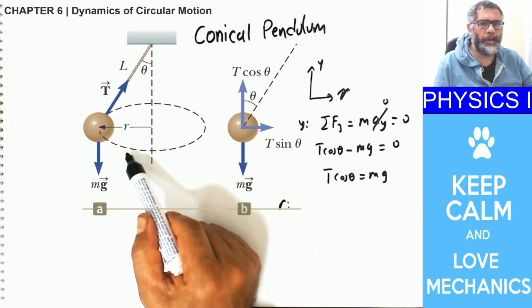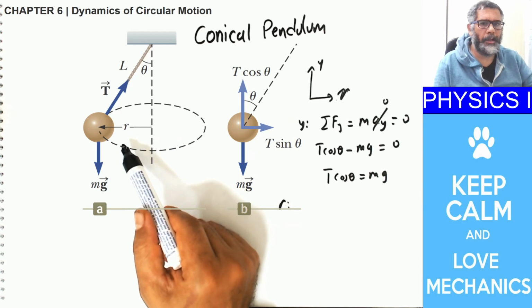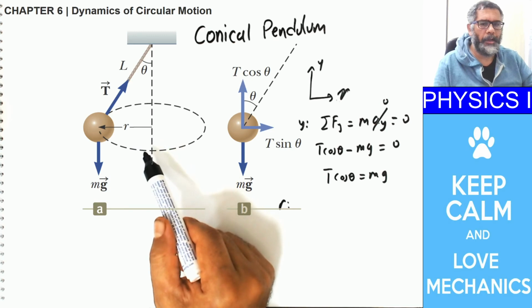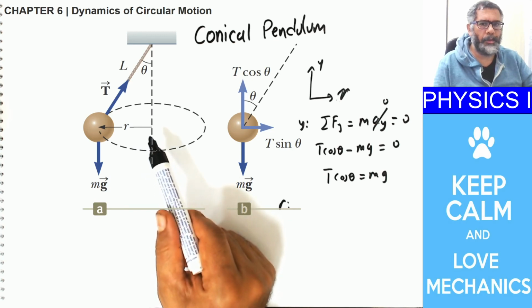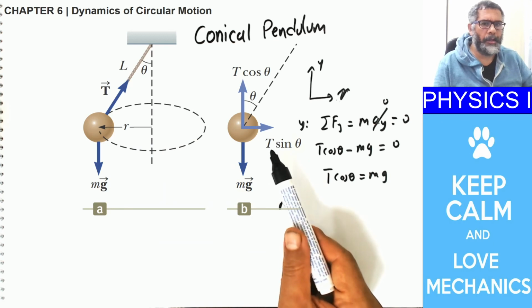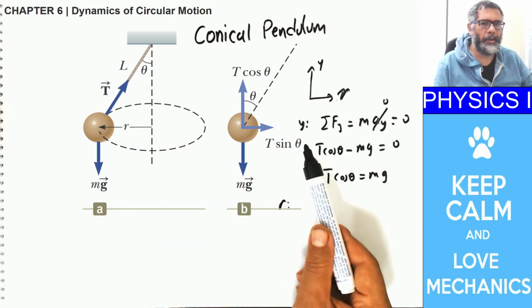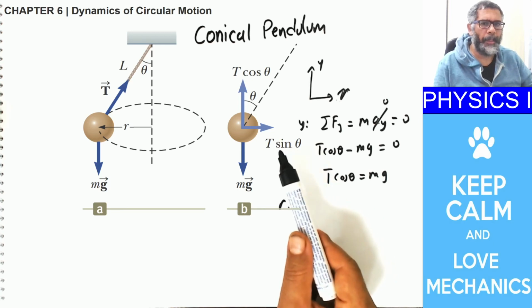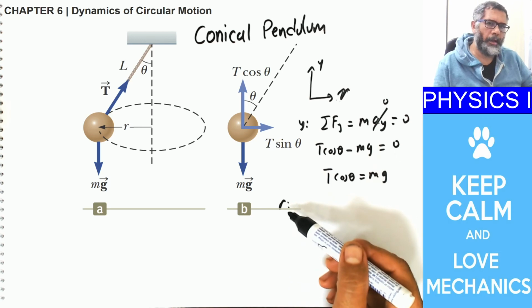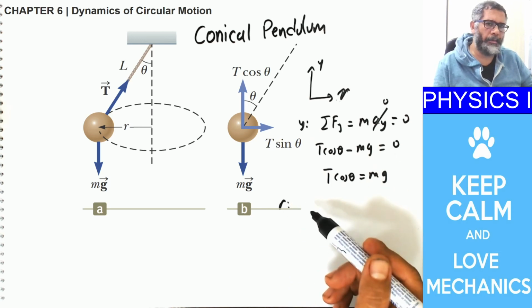If the object is over here, the T sine theta is toward the center. If it's over here, the T sine theta is toward the center. So as you see, this T sine theta force component always shows the same direction in the polar coordinates. So you can write down Newton's second law for this.